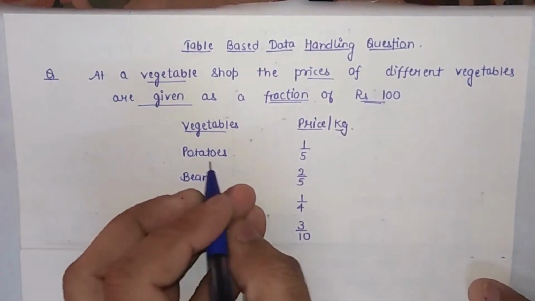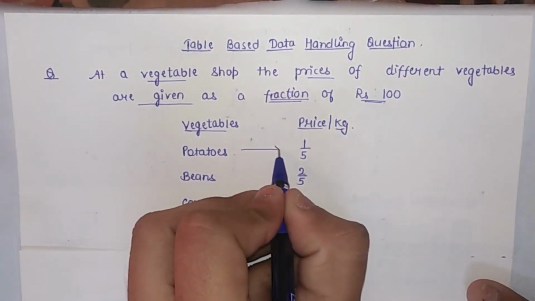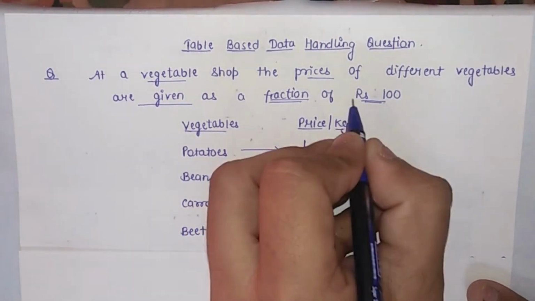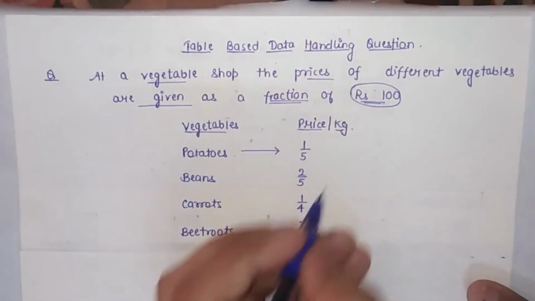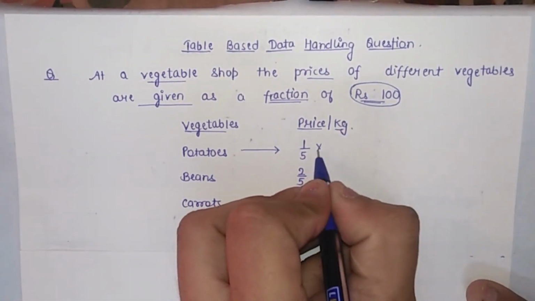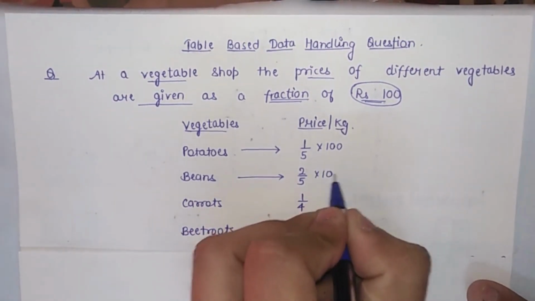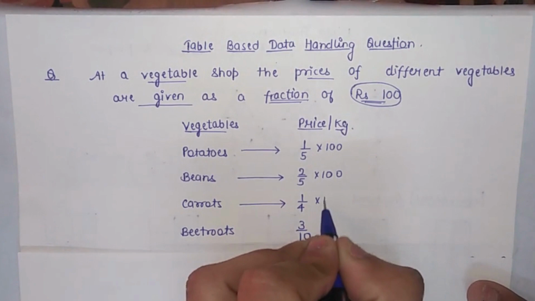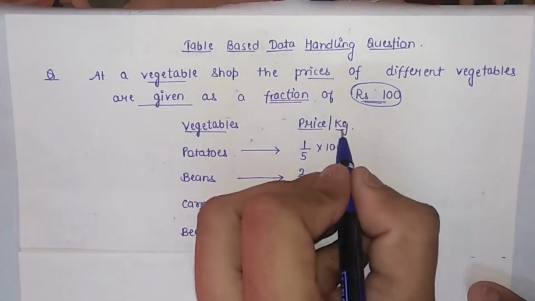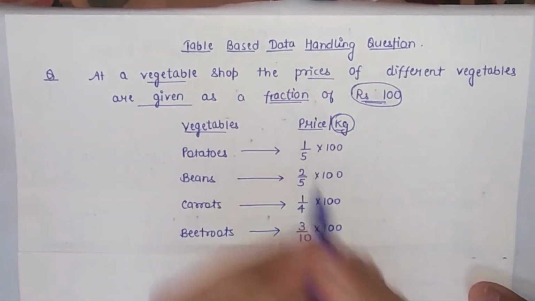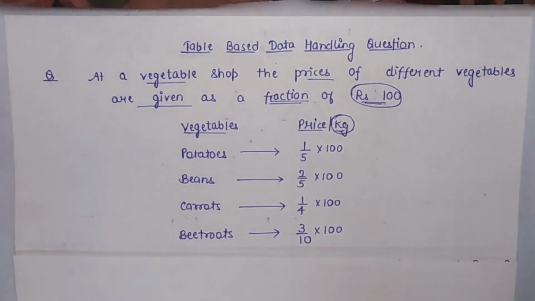In this table, potato is 1 by 5 of rupees 100, beans are 2 by 5 of rupees 100, carrots are 1 by 4 of rupees 100, and beetroots are 3 by 10 of rupees 100. This is the price per kg, the price of 1 kilogram of the vegetable.